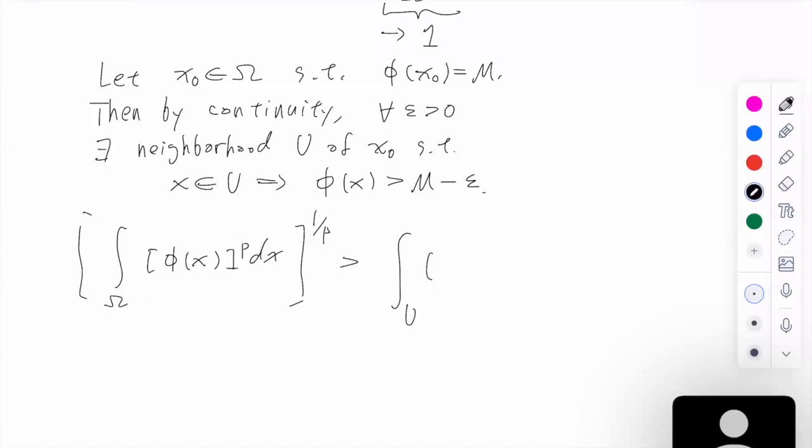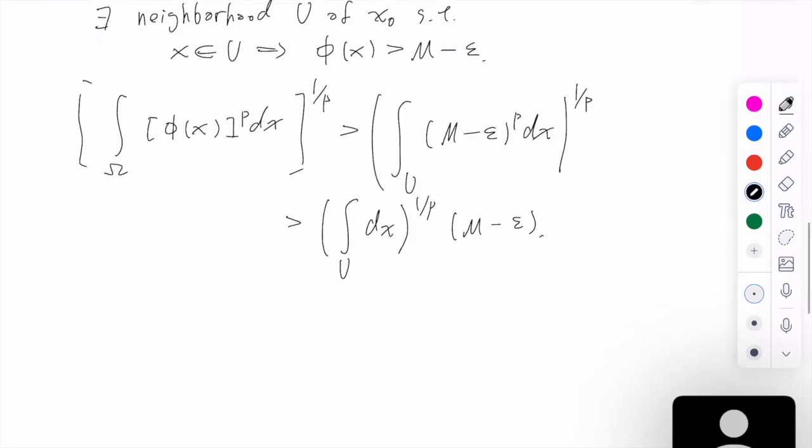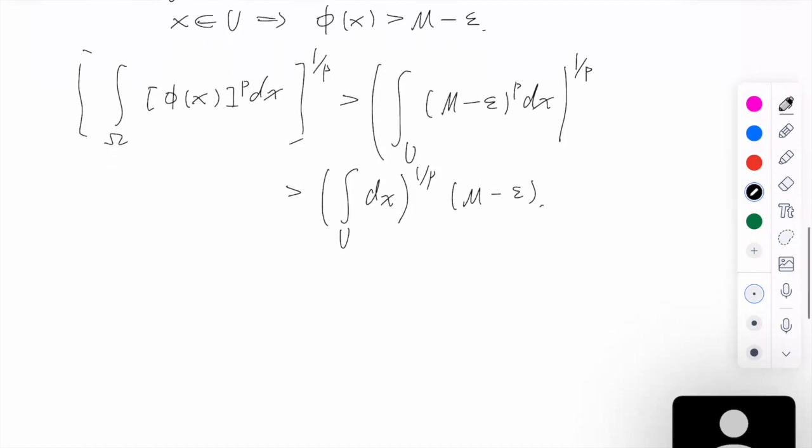And the content inside is going to be m minus epsilon raised to the p power, and the whole thing raised to the 1 over p power. And this can be simplified to greater than, say, the volume of U raised to the 1 over p power times m minus epsilon. So if we take the limit as p goes to infinity, we see that this quantity tends to 1.